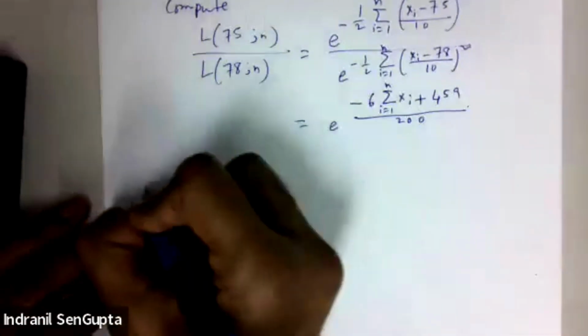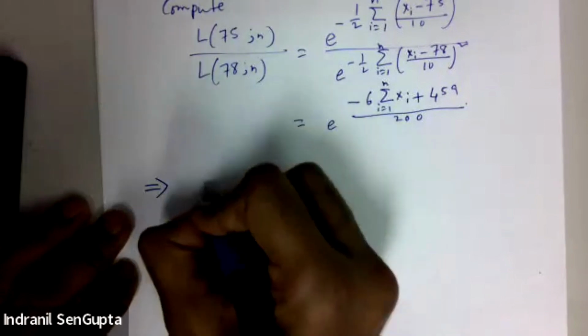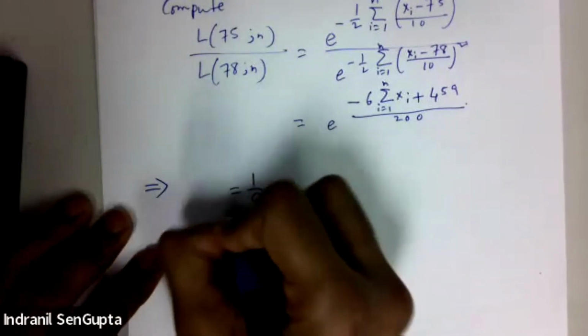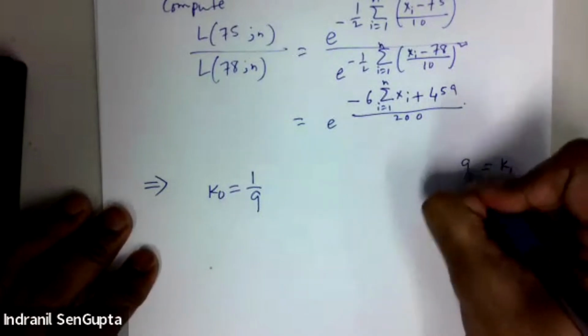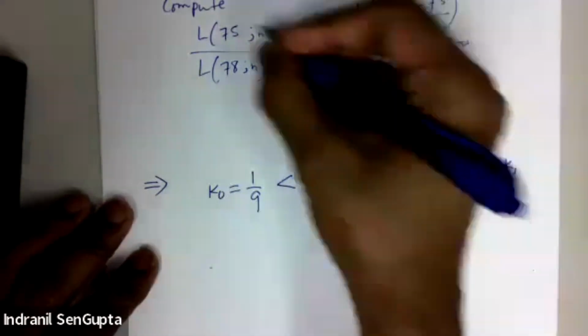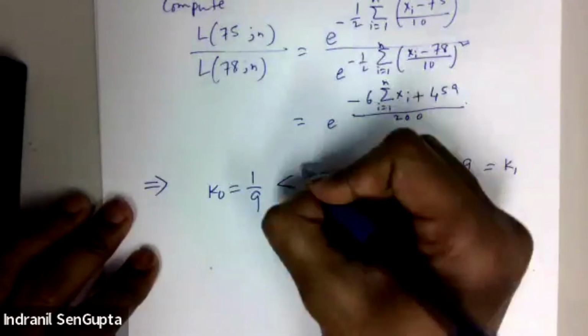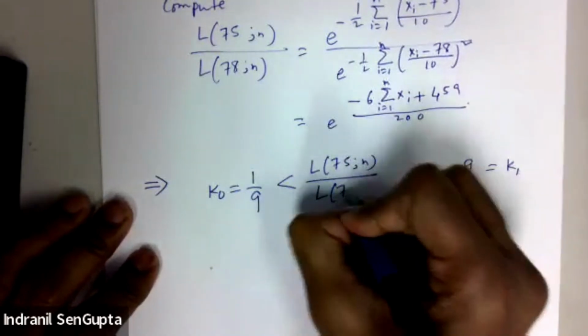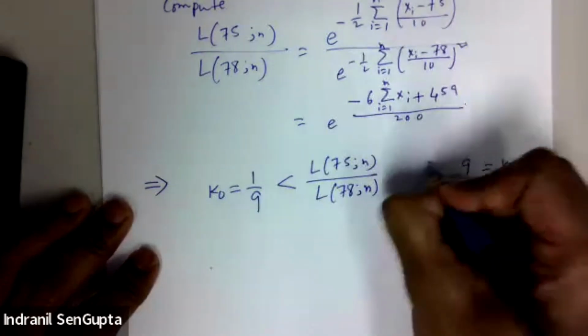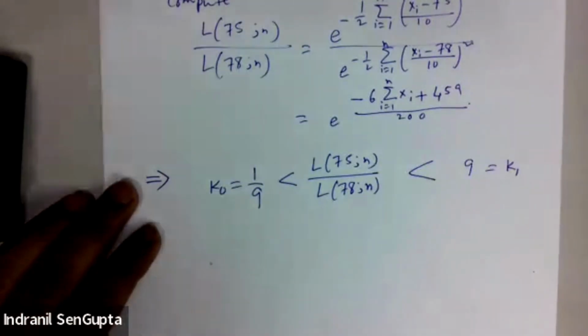Okay. So that implies that I want this 1 over 9, which is incidentally K0, and then we have K1, which is 9. When we do not make a decision, so L of 75n over L of 78n, we are not really making a decision, then it's between these two, right?